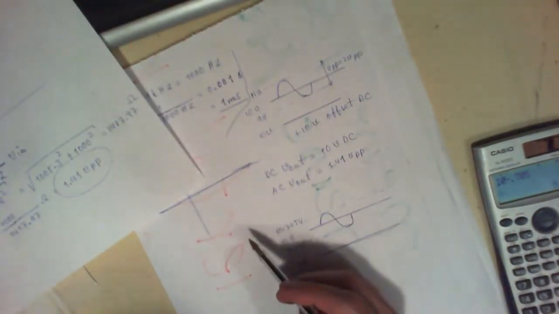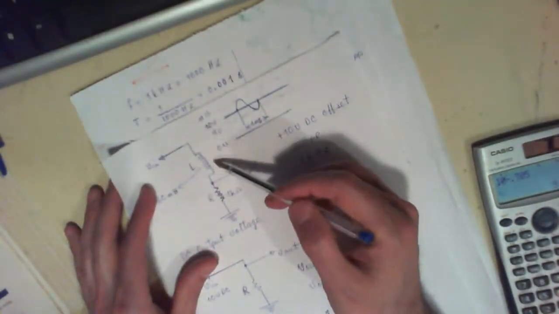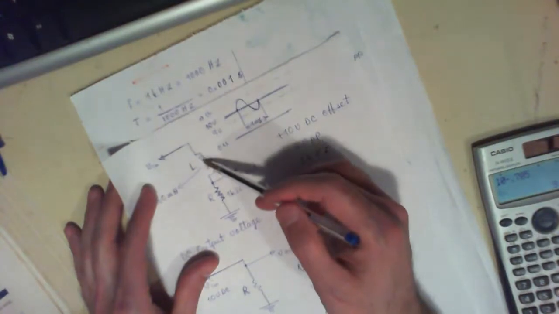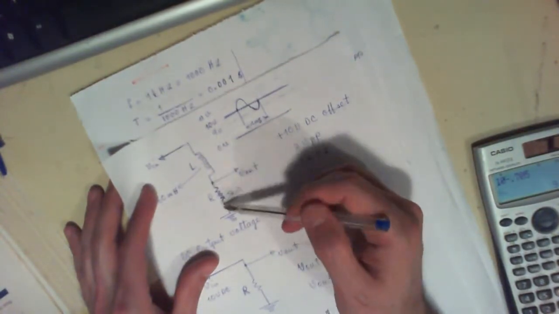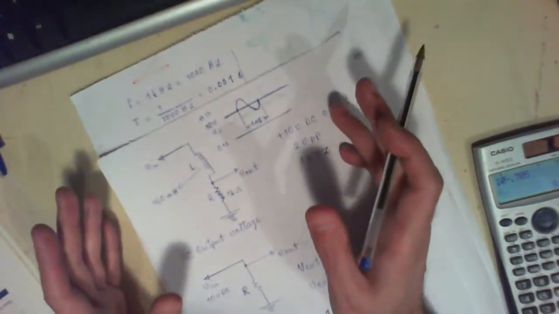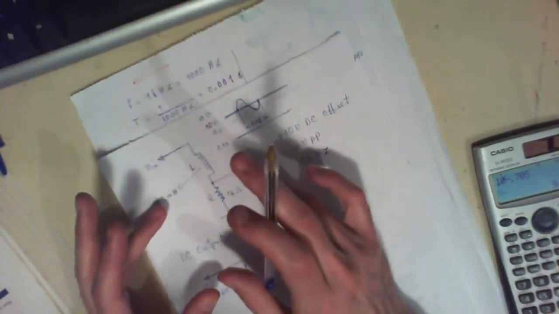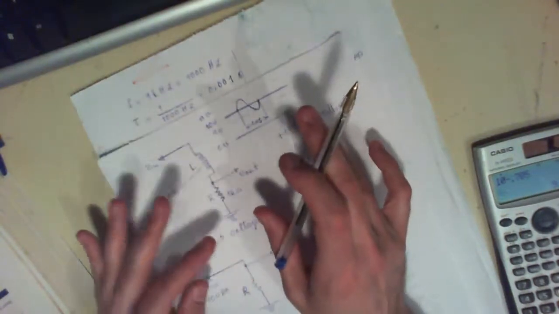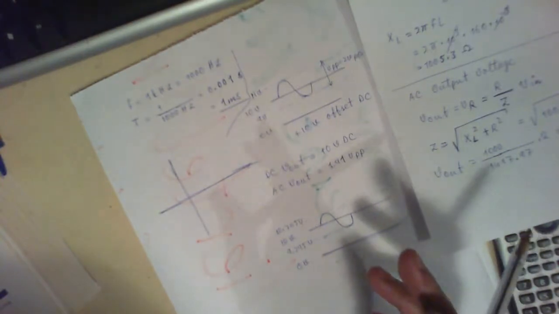In these RL circuits, depending on whether your inductor comes first or your resistor comes first, it's going to be either a low pass filter or a high pass filter, but we will talk about that later when we get to phase shift in these circuits. So that's basically this circuit over here.